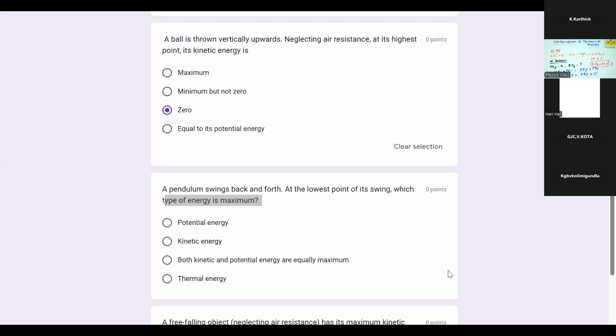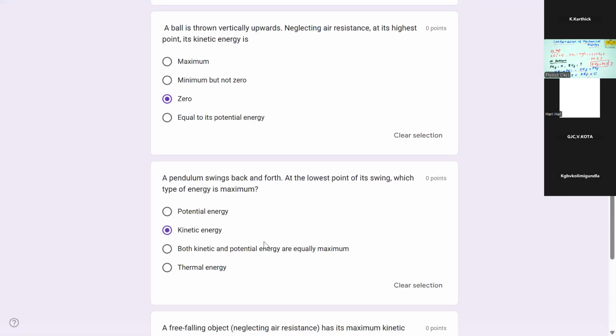Because already we know that kinetic energy is half m v squared and potential energy is mgh. At the lowest position there is no height for mgh, so h is equal to 0. You can put that 0 in the value. So there is no potential energy. Only one type of energy is maximum, that is kinetic energy. Very good. Good.